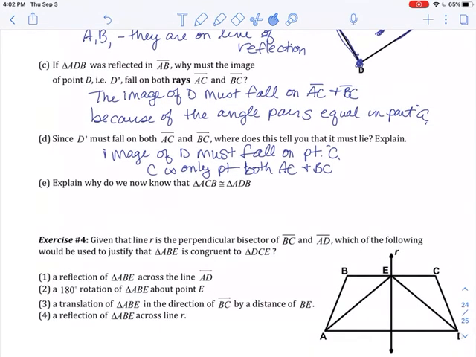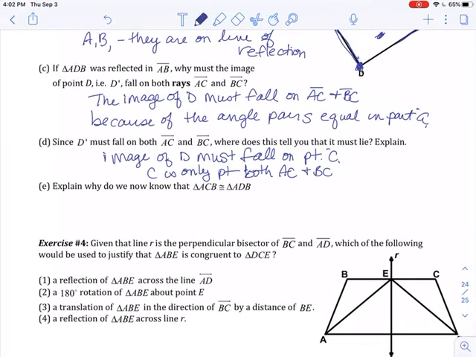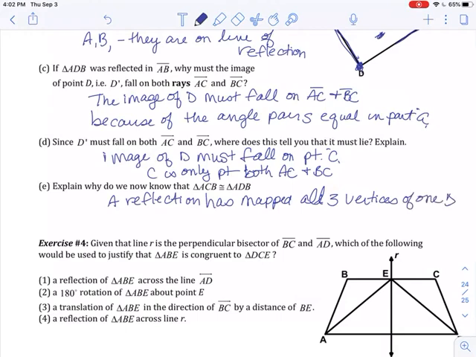Explain why we now know that the triangles are congruent. Because a reflection, which happens to be a rigid motion, has mapped all three vertices of one triangle to the three vertices of the other.